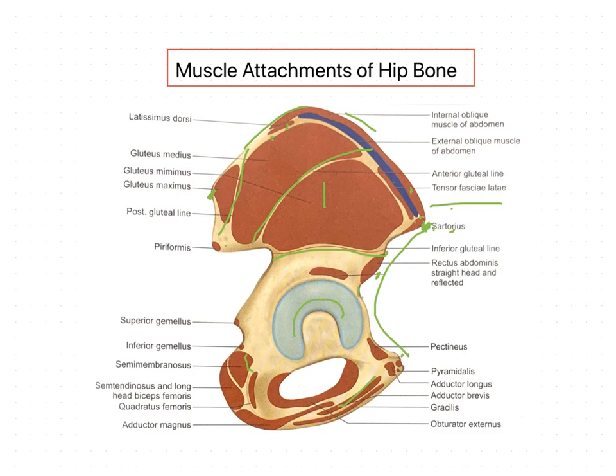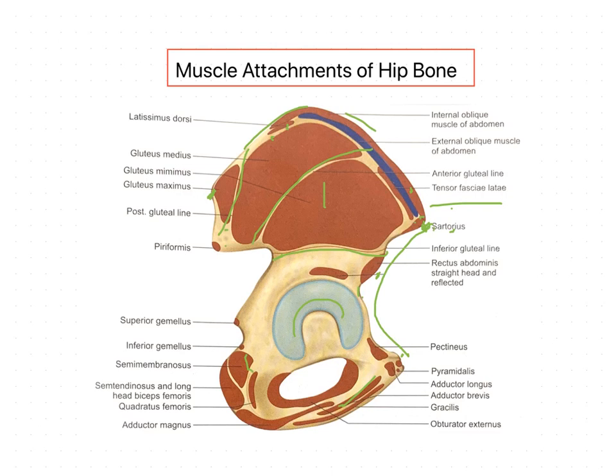Now if you see the muscles on the gluteal surface, this gluteal surface is divided into three regions by the gluteal lines: the posterior gluteal line, the anterior gluteal line, and the inferior gluteal line.